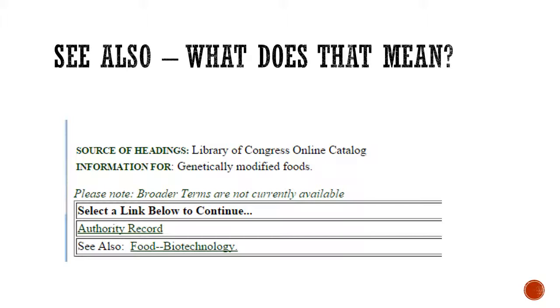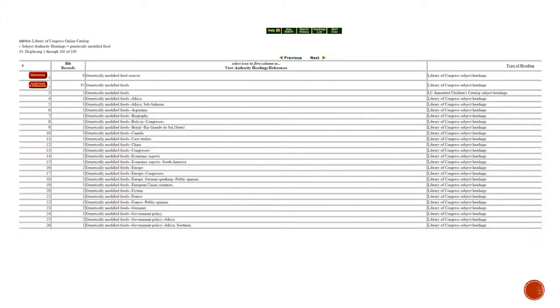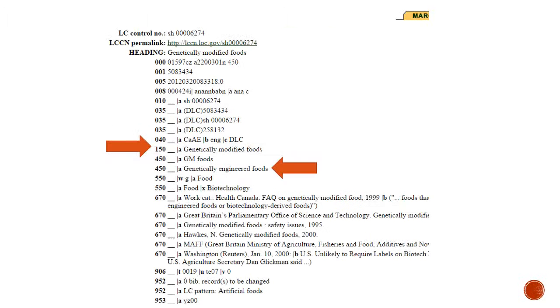It also means that food biotechnology is a fairly synonymous term with genetically modified foods. I'm sorry. When you click on authorized and references, you get what looks like a MARC record, and it shows you that the 150 field is the main heading, and the two 450 fields are headings that would refer to this heading.